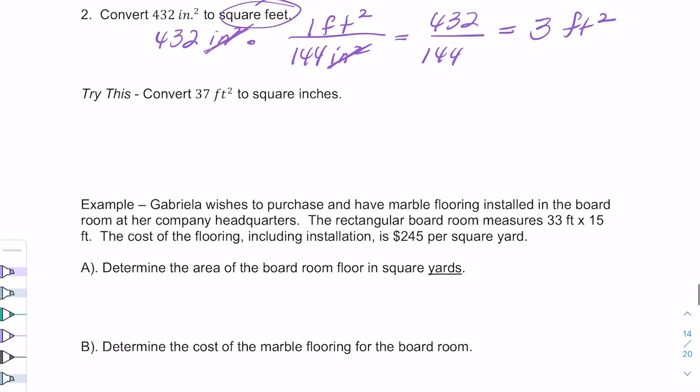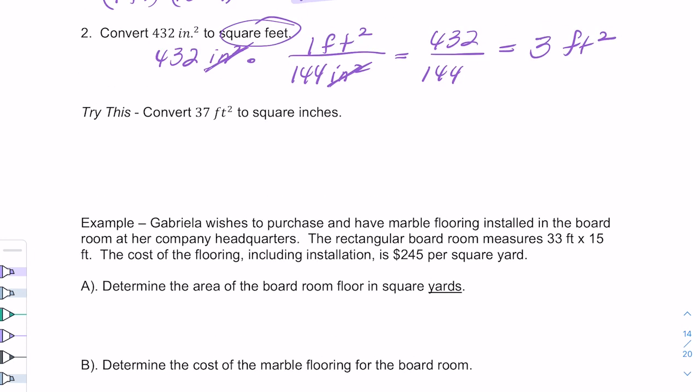So now we're converting 37 feet squared to square inches. So now we're going from feet squared to square inches. I'm going to do the same thing, take 37 feet squared, but now I need the feet squared to cancel. So I'm going to take my fraction and just flip it. I'm going to put 1 foot squared on the bottom and 144 inches squared on the top.